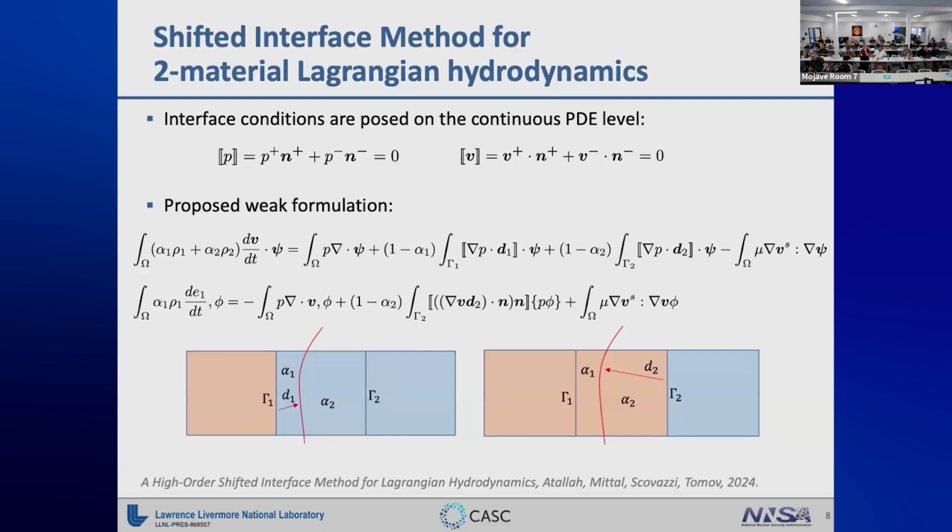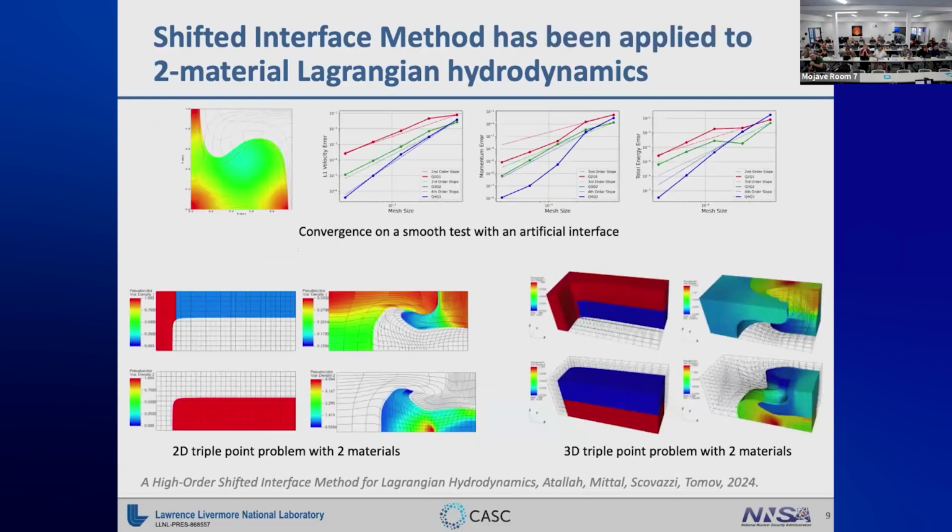In this case, you want to enforce that the pressure equilibrates on the interface and the velocity jump is zero, and then you get these jumps with Taylor expansions and so on. There is a distance solver. You need the distance from your face to the interface. That's again a finite element solve, things like that. So for this, we have another paper. You can take a look, some results.